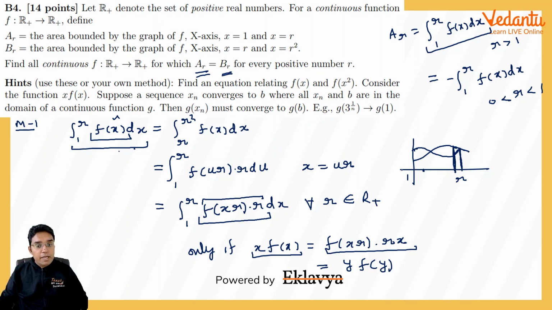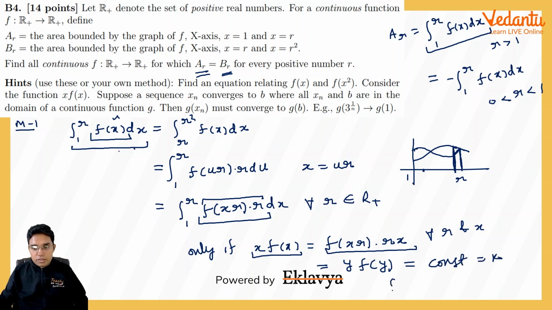So irrespective of what x was, I can choose any r. That means for every value of y and x, x into f(x) and y into f(y) should be the same. So this is for all r and all x, and this will be true only if they are both some constant value, let us say k.